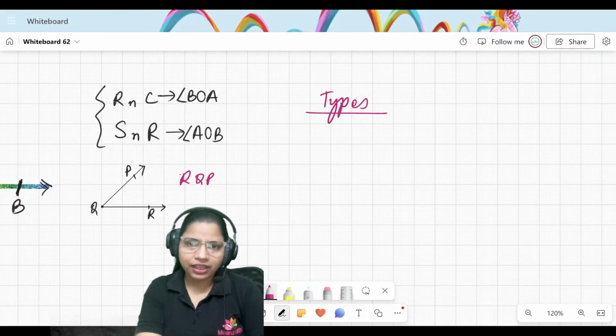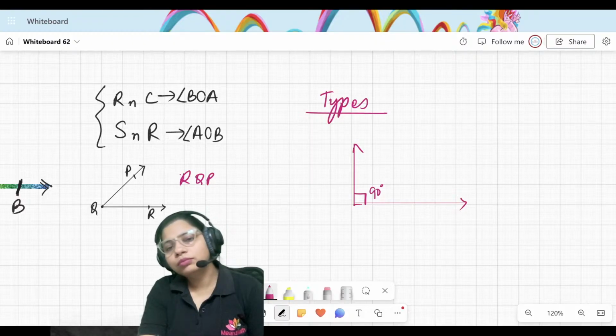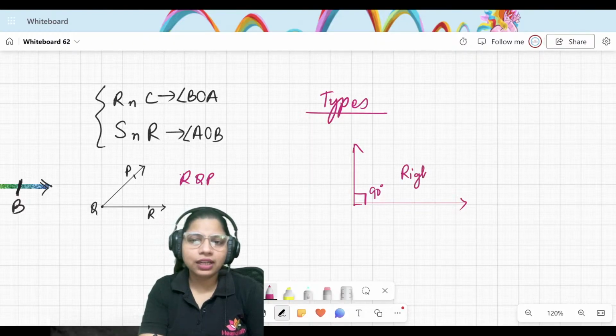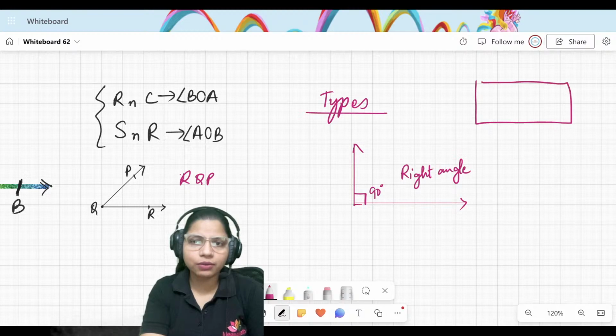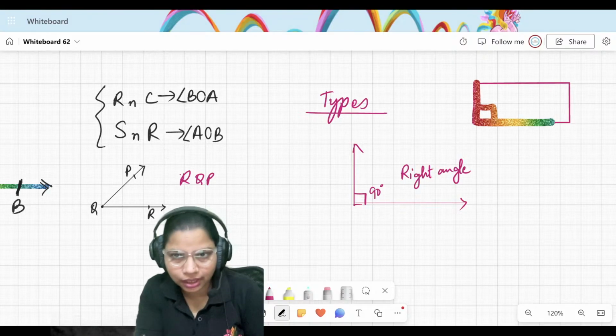Kids, if the angle is made up of two straight lines connected end to end like this, making 90 degrees, we call it a right angle. You can also understand it this way: if you draw a square or rectangle, these are two adjacent sides of that rectangle or square. If we form an angle between two adjacent sides of a square or rectangle, it will be a right angle.